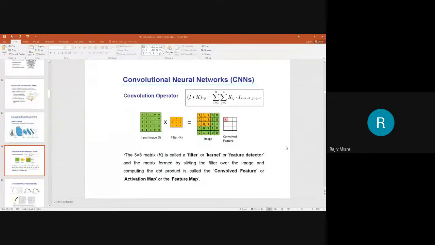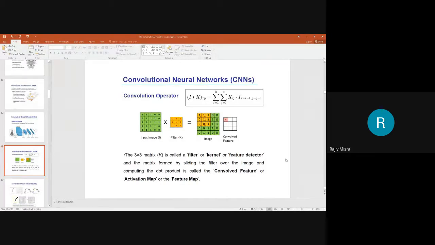Okay, so let us understand the operations. What are the convolution operators? If an input image is given, which is represented by I, then to perform the convolution operator you require the filter, or the kernel. Here in this example, it is shown as the 3x3 matrix K. It is called the kernel or the filter or the feature detector.